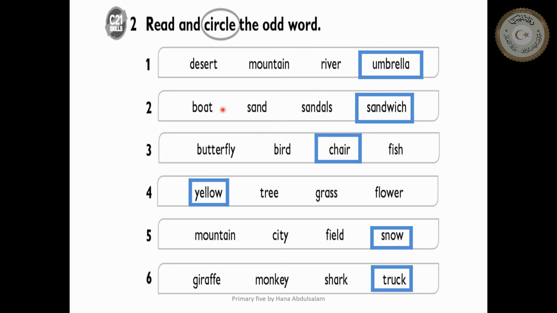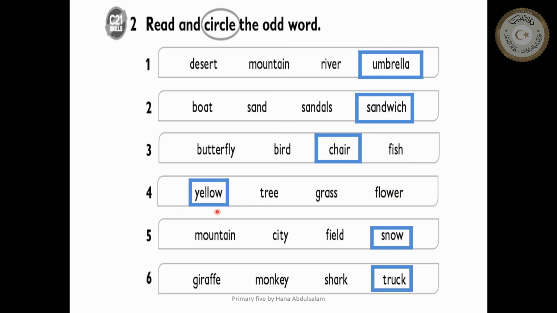Again, so number 1, what do we have? Desert, mountain, river, and the one which does not belong to this group is umbrella. Number 2, we have boat, sand, sandals, and sandwich. Which one? It is sandwich. Number 3, butterfly, bird, chair, and fish. It is chair. Number 4, yellow, tree, grass, flower.